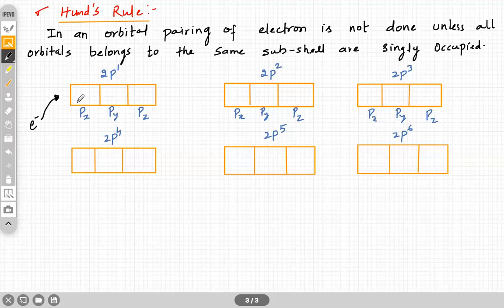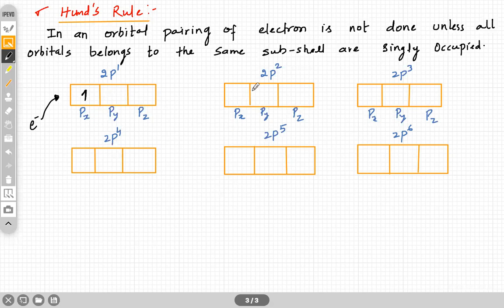The first electron that enters any orbital, we assume to have clockwise orientation, and we represent it with an up-headed arrow like this. Just as an assumption, we write first x, y, and z, so the first electron goes into px, then py, and then pz. But it can go into this also and this also, because all three orbitals have the same energy.